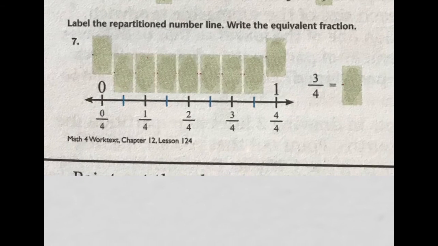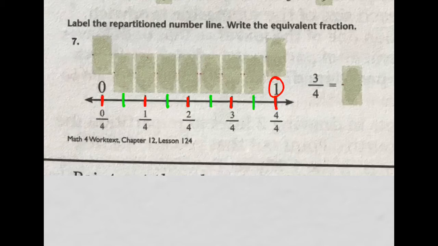Okay, now we're going to do the number line. Now they have this marked in fourths: 0/4, 1/4, 2/4, 3/4, and 4/4, because 4/4 equals 1. Okay, so if we're going to make more cuts in between, then what do you think those would be?